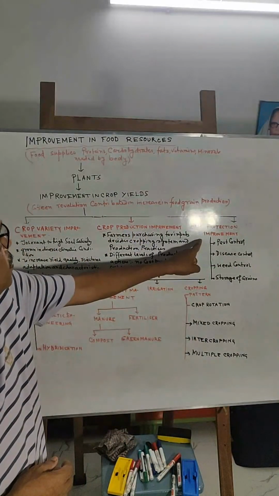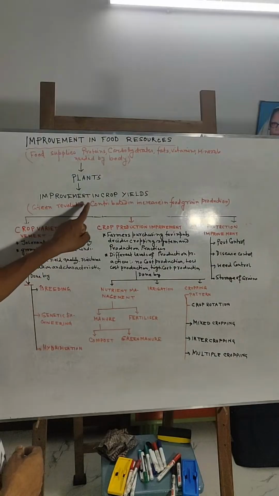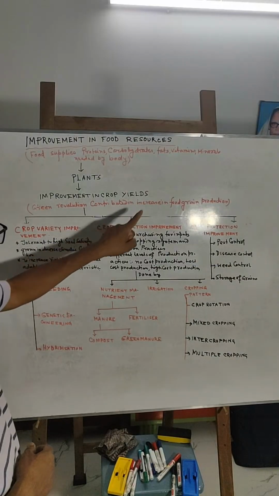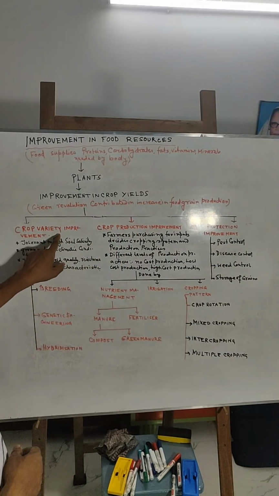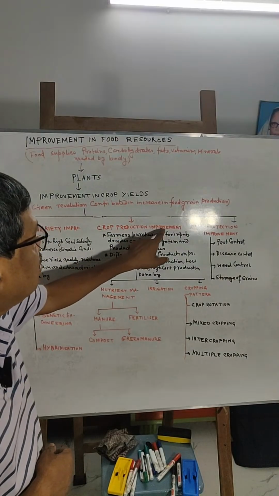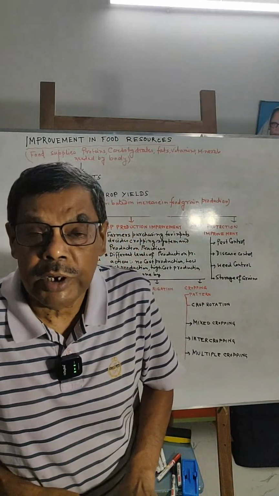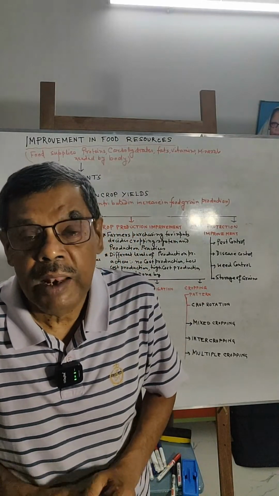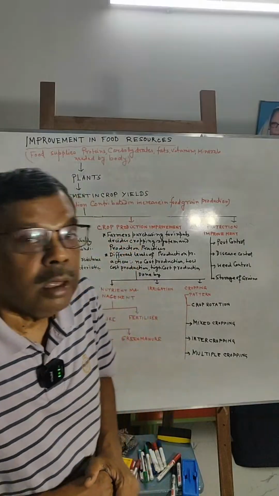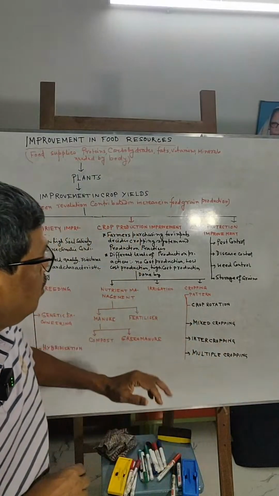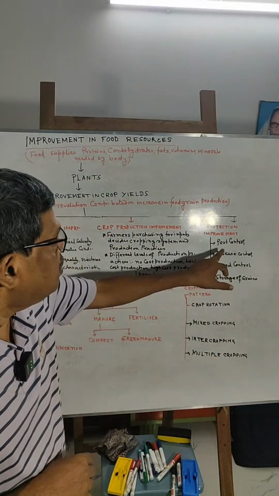Next, three types. That is, improvement in crop yield. First, crop variety improvement. Second, crop production improvement. Third, crop protection improvement. Protection of crops is very important for growing cultivation. Next, crop protection. First, pest control.